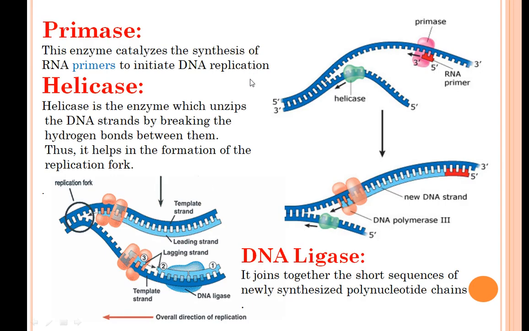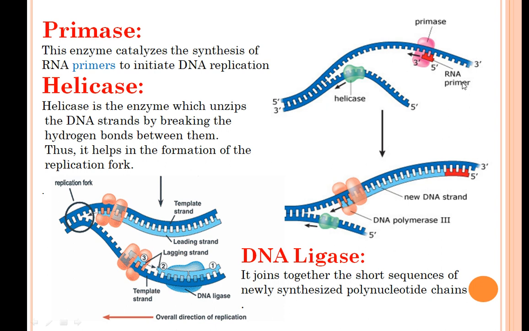Now next is primase. This enzyme helps in the synthesis of RNA primer complementary to the DNA template strand. That means it helps in the formation of a primer. Now what is a primer?